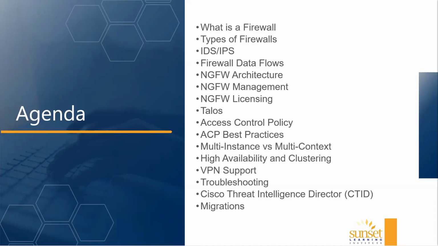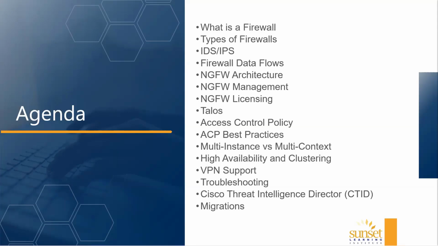We're going to tie all that together for you. Then best practices. Then we're going to talk a little bit about multi-instance versus multi-context, high availability and clustering. I know, Jaqueen, you said you do some of those commands, so we'll talk a little bit about that. VPN support, troubleshooting, CTID, and migrations.